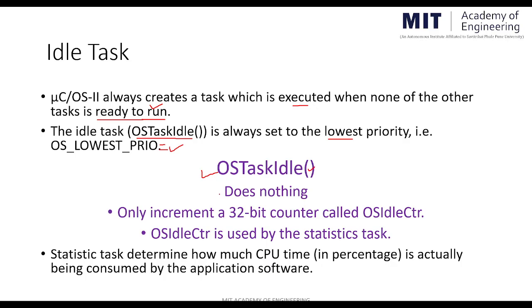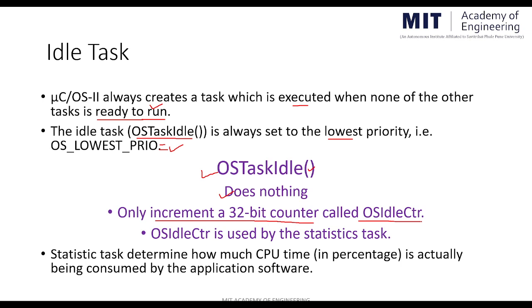Actually, this idle task does nothing. Does nothing means what? There is no proper application task handled by the idle task. This task just increments the 32-bit counter called OS idle CTR. Like in a C program, generally we initialize a counter to count how many times a value is incremented or a particular operation is performed.